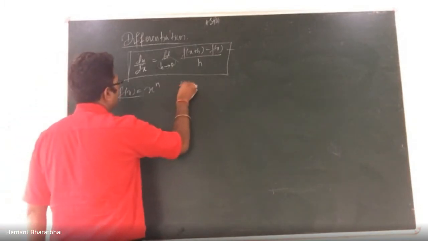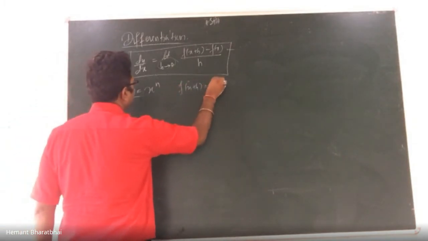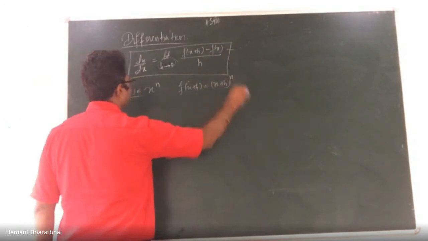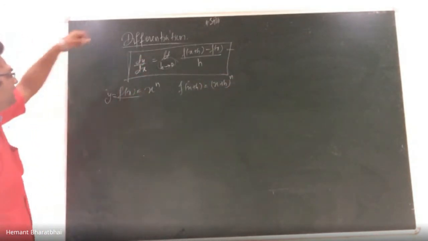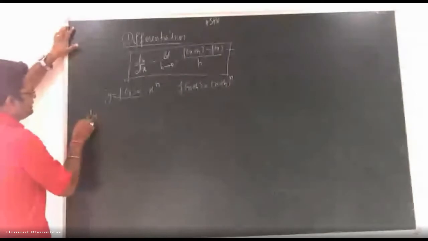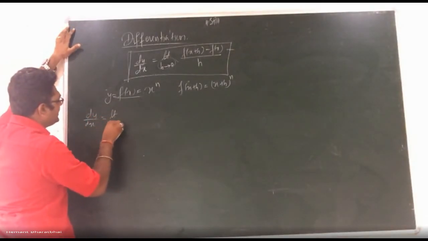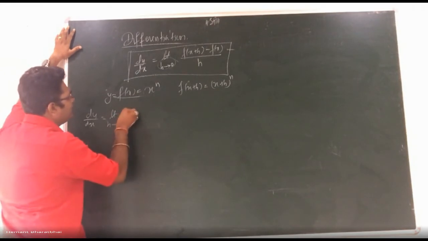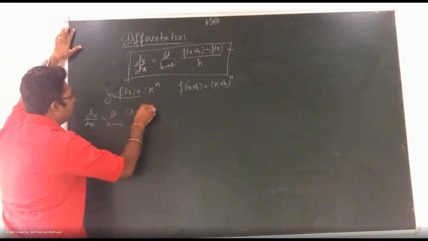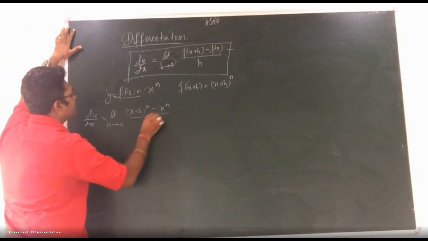So my f of x plus h will be x plus h raised to n. So by this definition, my derivative dy by dx will be the limit of h tends to 0, x plus h the whole raised to n minus x raised to n upon h.